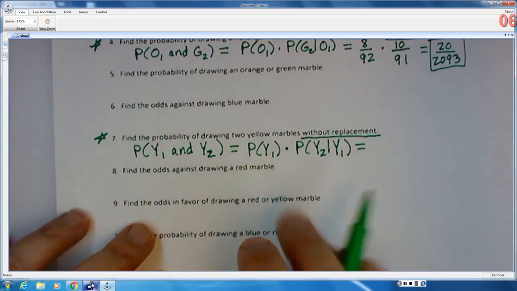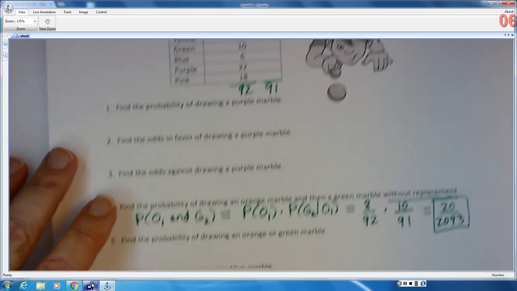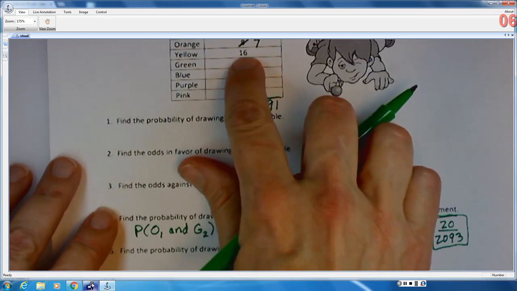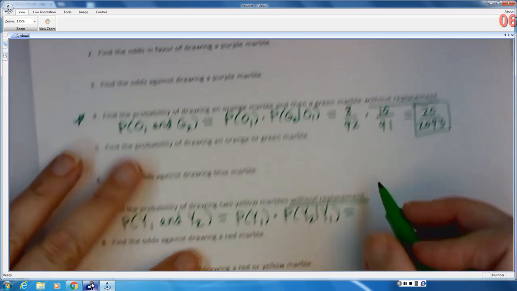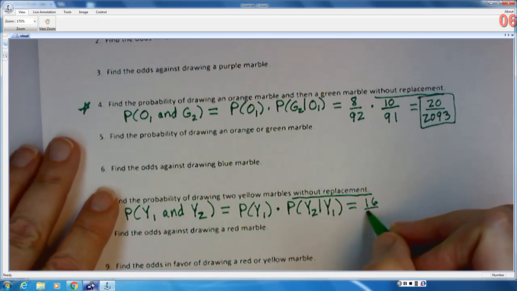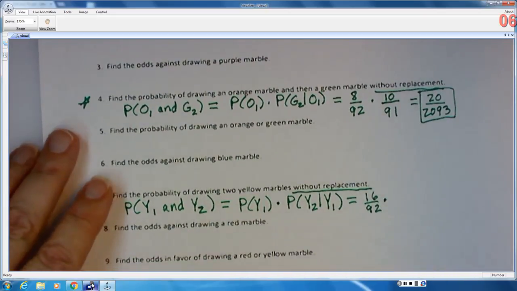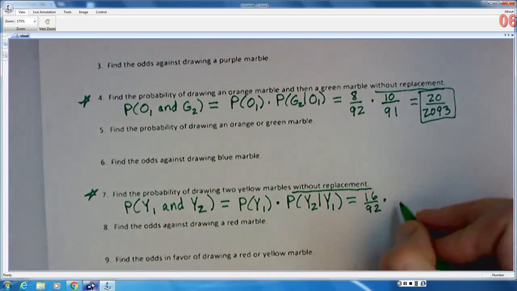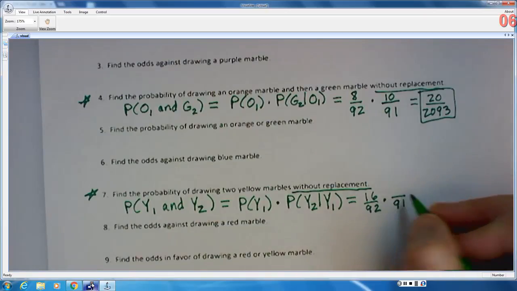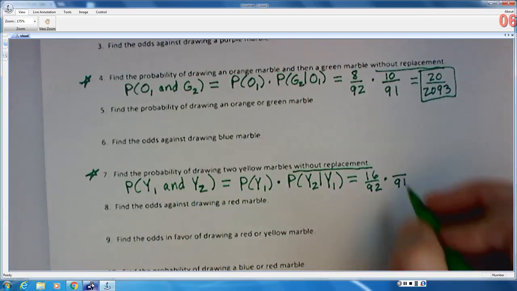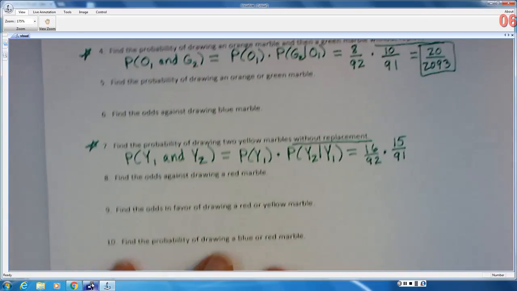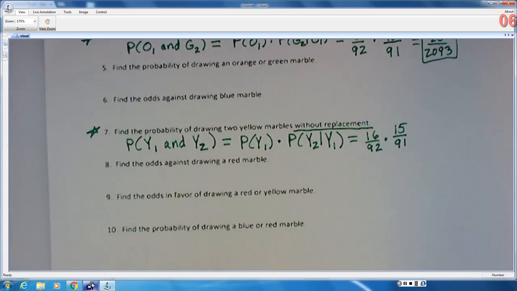So, what's the probability of drawing a yellow on the first pick? 16 over 92. Now we have to leave the first yellow marble out, and so we're only picking from 91, and how many yellow marbles do we have left? 15. And that's how you do number 7. And then you put it in your calculator and reduce the fraction.